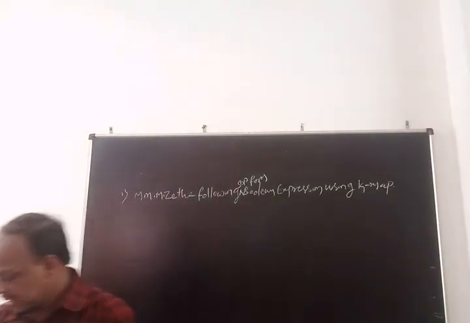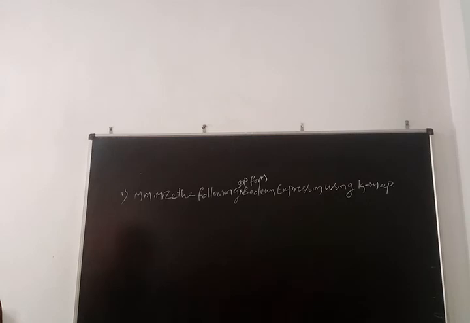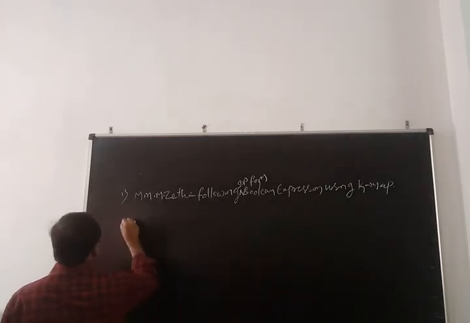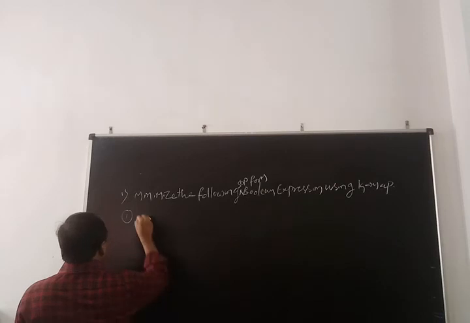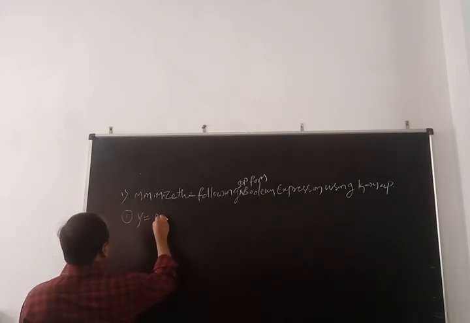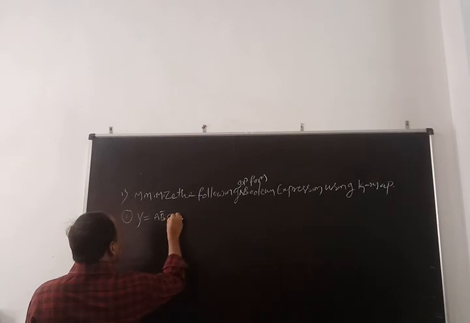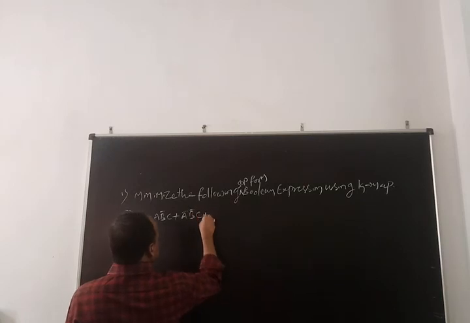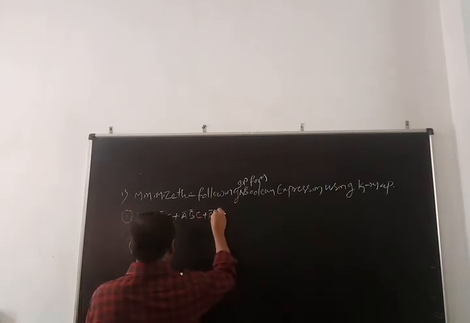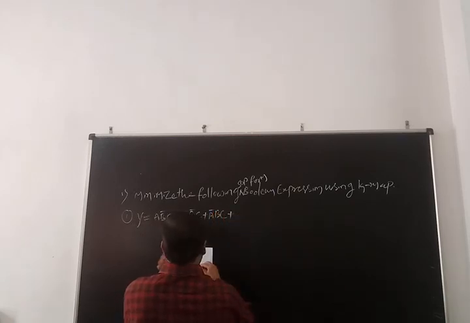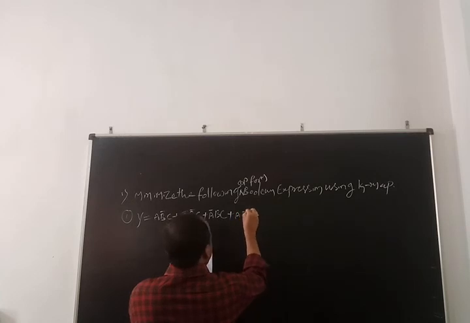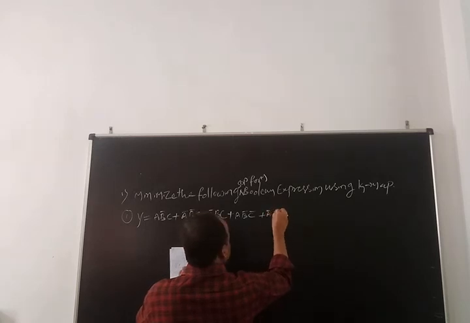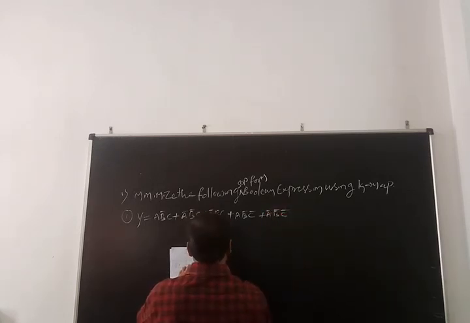For example, consider the first one. Y is equal to A B bar C plus A bar B bar C plus A bar B C plus A B bar C bar plus A bar B bar C bar.